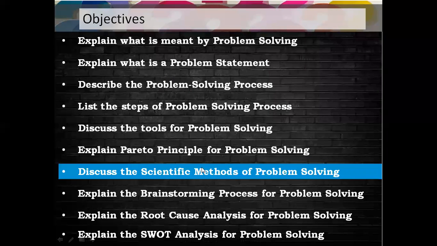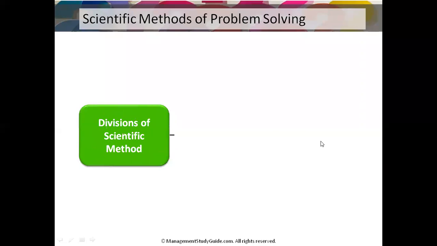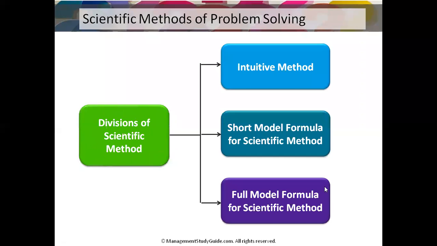Okay, so let's look at the scientific methods of problem solving. We've looked at objective methods. Let's look at the scientific methods of problem solving. We have the intuitive method, we have the short model formula, we have the full model formula.